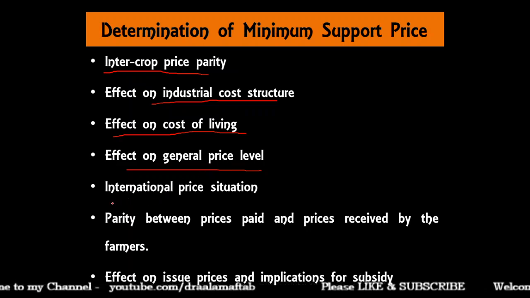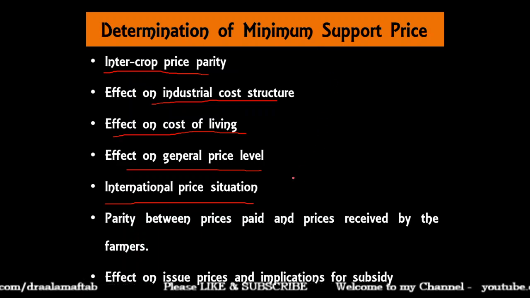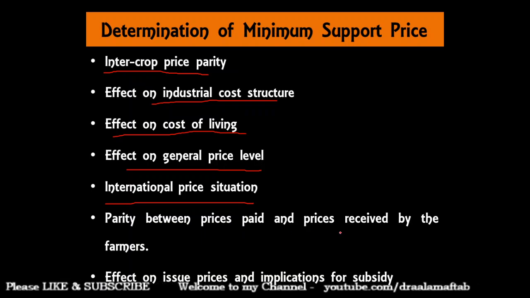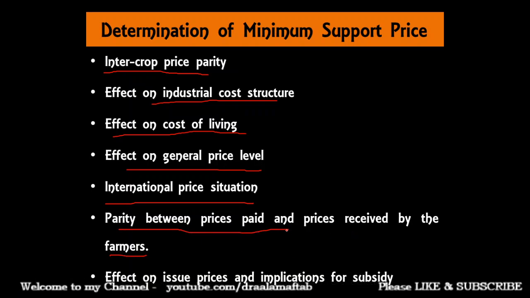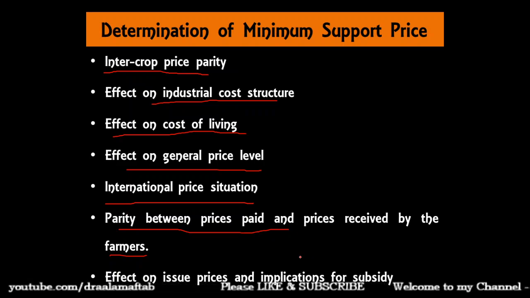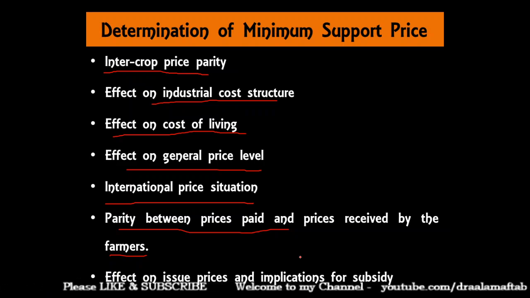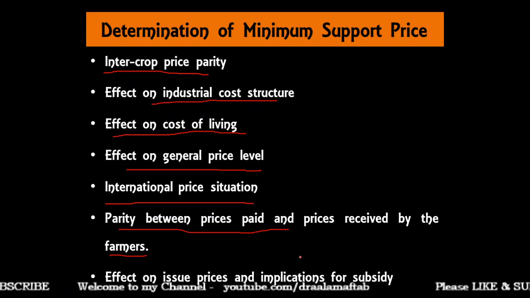Next, the international price situation is also considered before announcing the MSP. Then parity between prices paid and prices received by the farmers, because the farmer is both a consumer and a producer, that comparison is made.